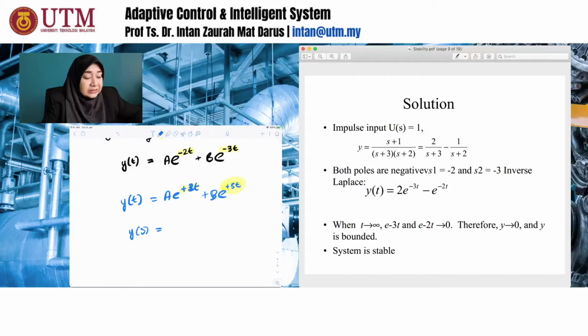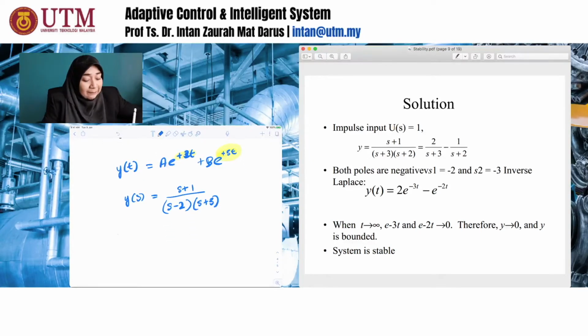If Y(s) is equal to, let's say, 1 over (s minus 2), and let's say the other one is positive, (s plus 3). If you take the Laplace transform of these, you're going to get an exponential. That s minus 2 will give you a positive 2t, and that s plus 3 will give you a negative 3t.